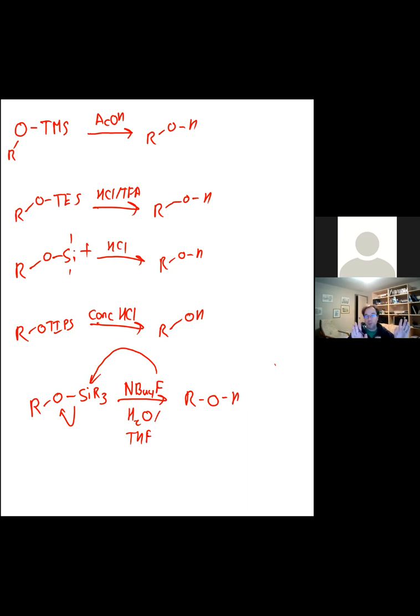Doesn't matter. Fluoride will take it off. So silicon is acid sensitive, but it's more fluoride sensitive. So this now gives us our pairs.